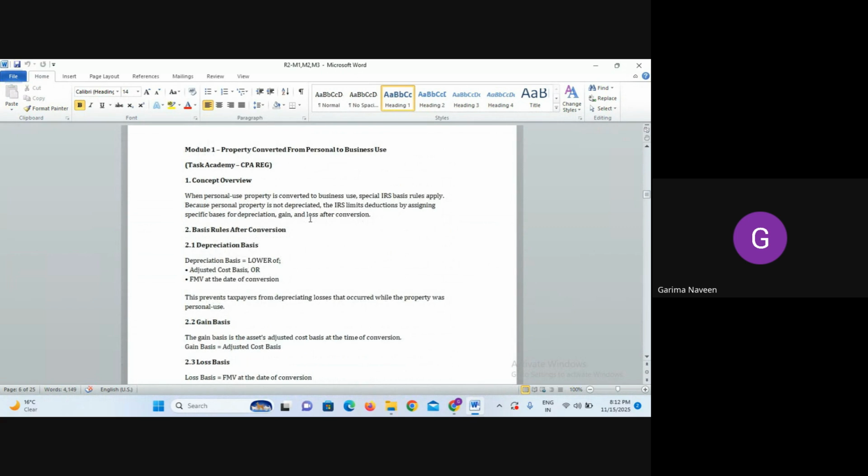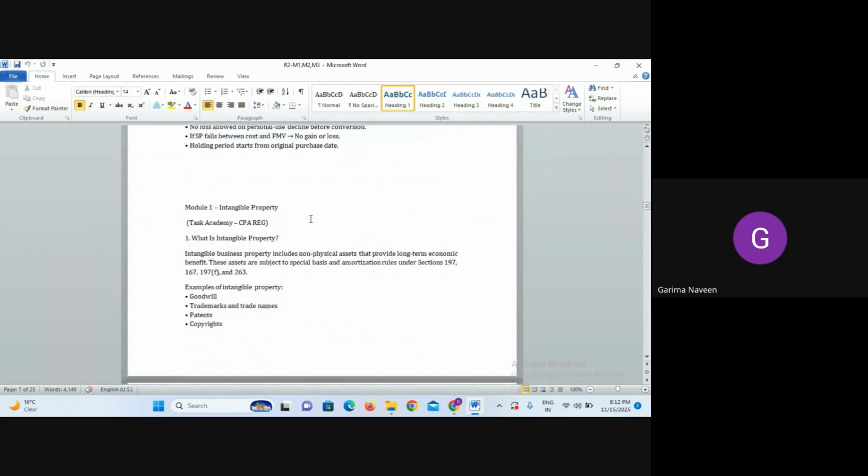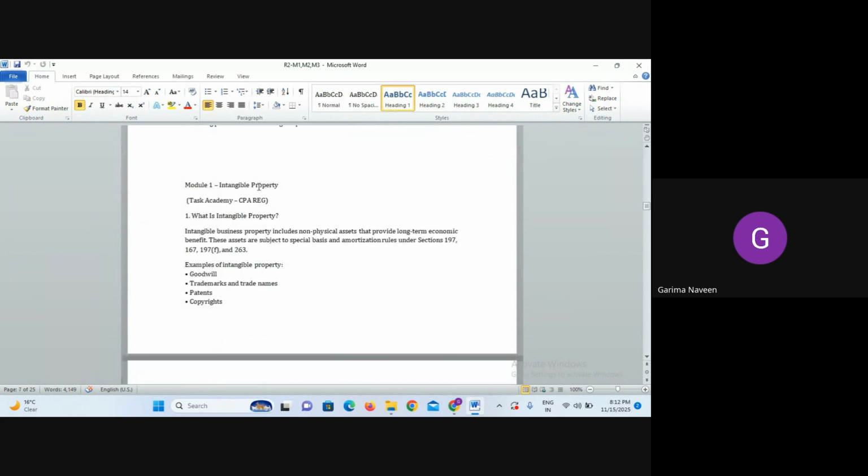So today we will discuss the intangible assets, or how the treatment for intangible assets is done. So what are intangible assets? Intangible assets are those assets which do not have a physical existence.